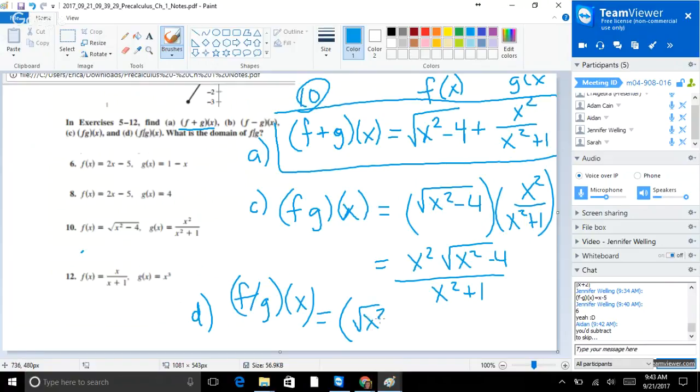Just because you've got this crazy fraction, instead of just writing a division problem, I'd probably just go ahead and multiply by the reciprocal of the g of x, right? If you're dividing, you can multiply by the reciprocal and do the same thing with a fraction. All right, so that's that.